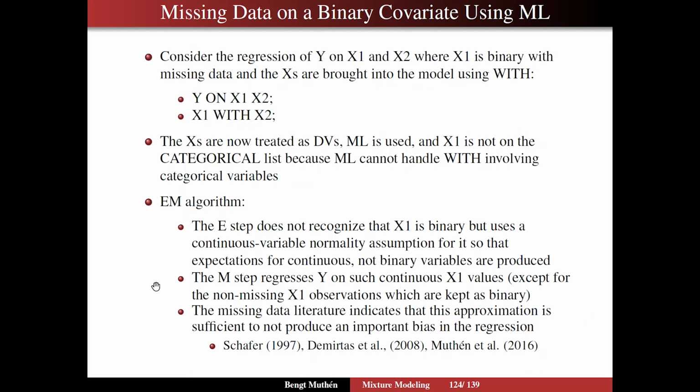And the M step, the maximization step, then regresses y on those continuous x1 variables, except for the non-missing x1 observations, which are kept as binary. So that's an approximation that's being made.